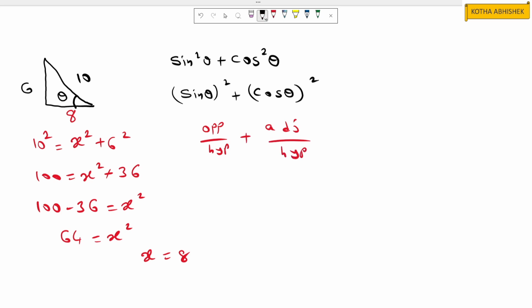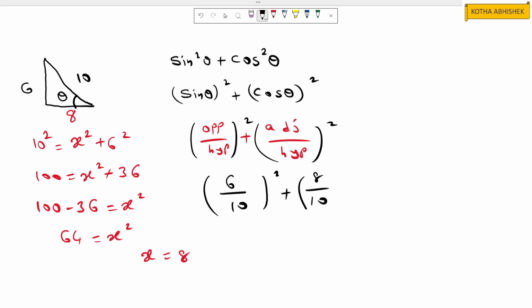Now here square is there, right? So don't forget the square. Here for theta, opposite is 6 units divided by hypotenuse is 10, all this together squared, plus adjacent is 8 divided by hypotenuse is 10, this together squared, which equals.